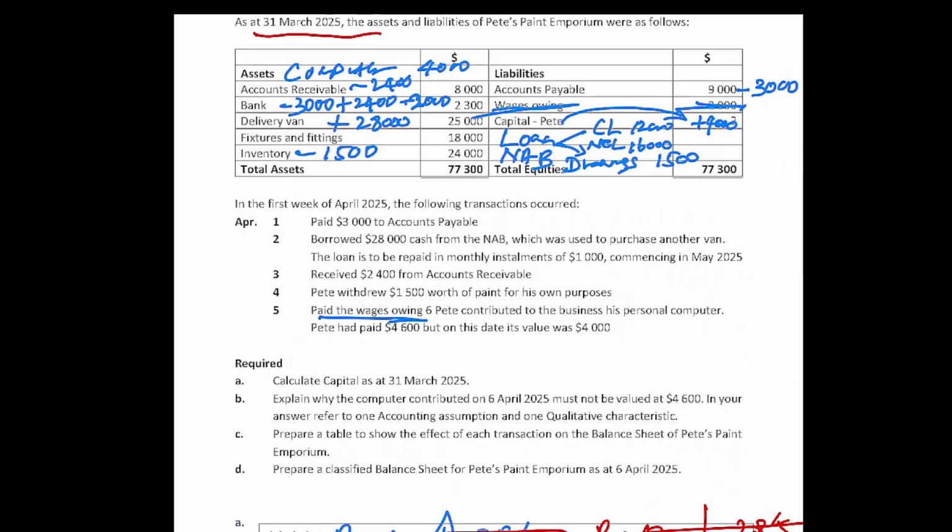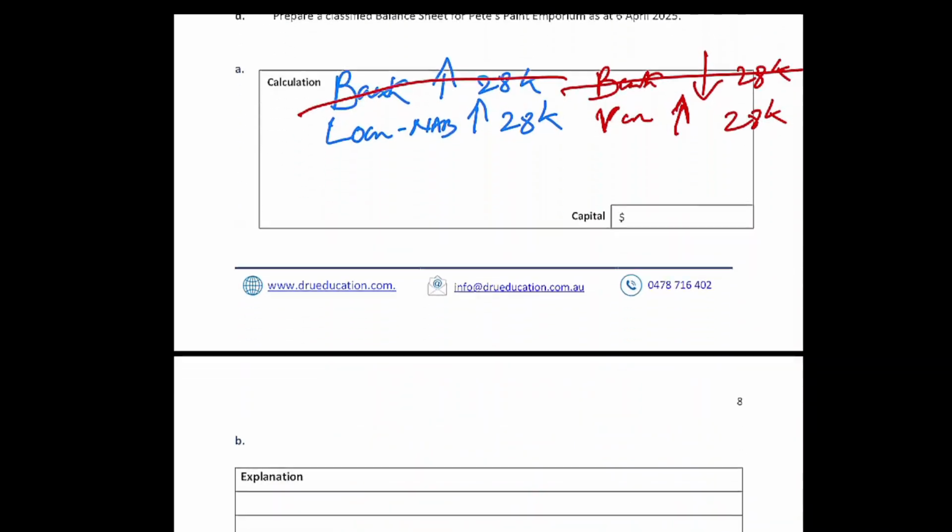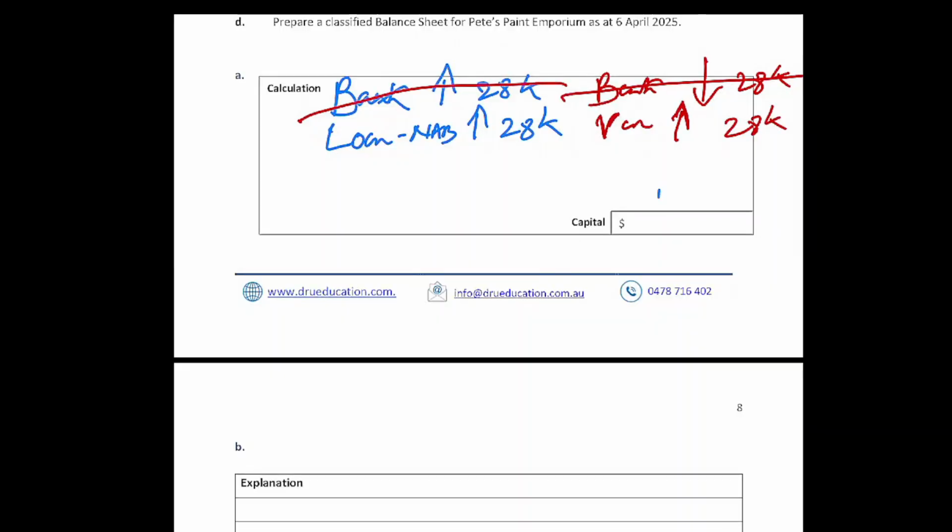Was it 66,300? Yeah. Okay. For 66,300, what did you have to do? We had to add how much? Add 4,000. Yes. After that we added 4,000 because he contributed the capital.